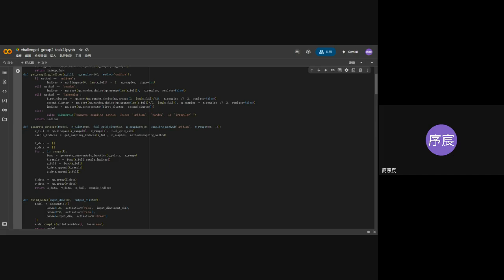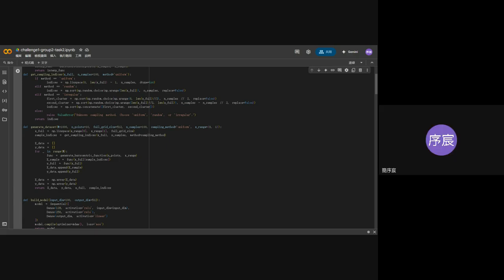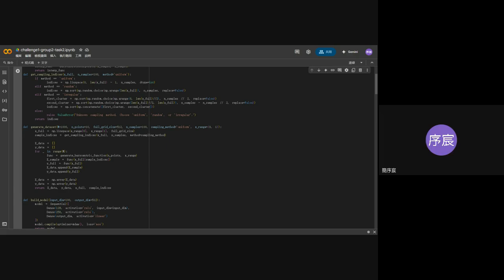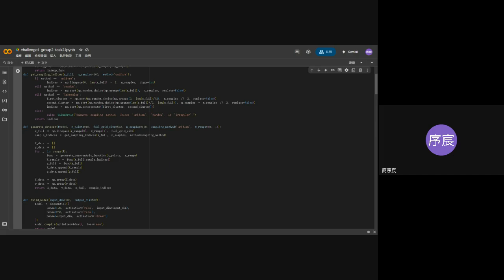I think you should change it. For example, the first one is n samples divided by 3, and the other one is n minus n samples divided by 3, so that you have more points in one interval and fewer points in the other. That's my suspicion. I understand it, so probably I can change this part.